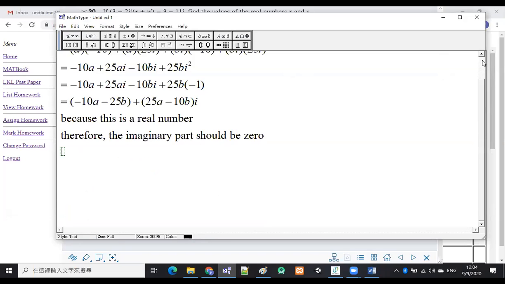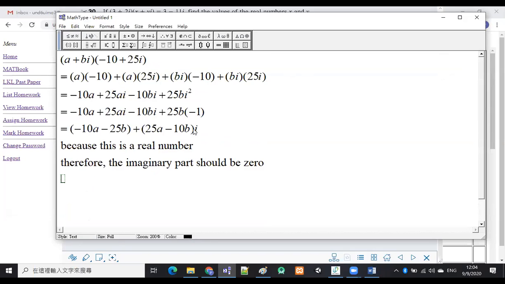Okay? Because it is given that the result is a real number. So the imaginary part should be equal to 0. But what is the imaginary part? Okay? It should be 25a minus 10b equal to 0. Okay? This is the imaginary part.